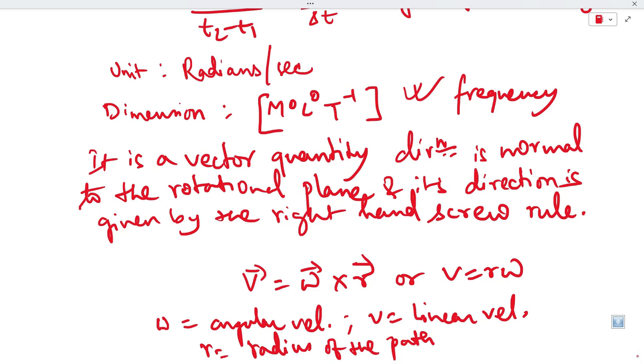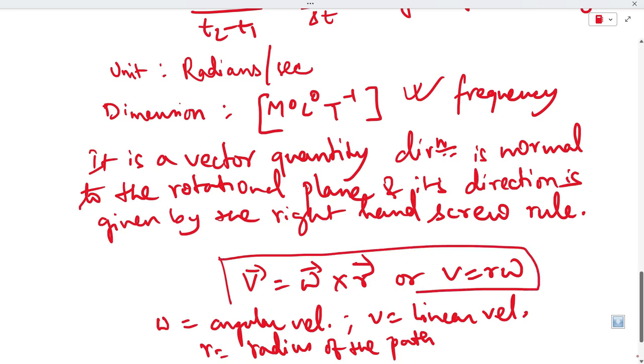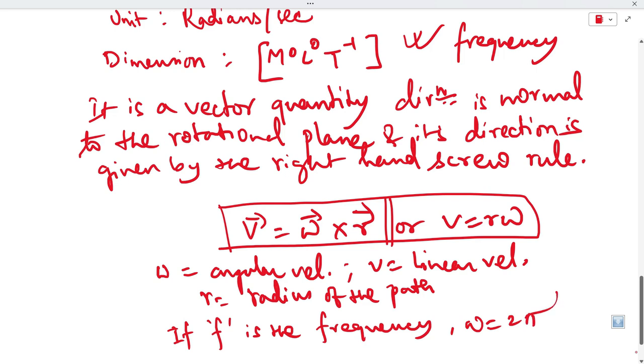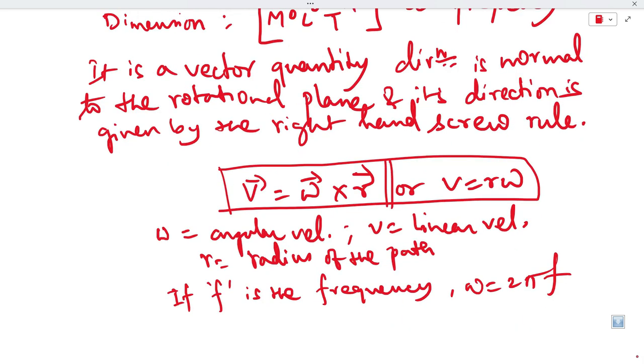And we have the following relation, V is equal to omega cross r. If f is the frequency, we can write omega is equal to 2 pi f. And what about time period? Time period T can be written as 2 pi by omega.